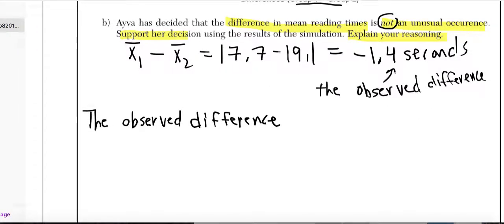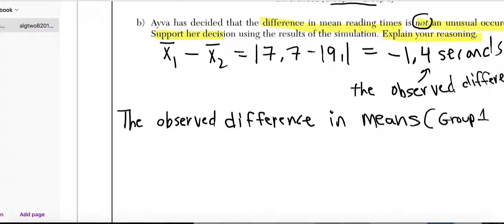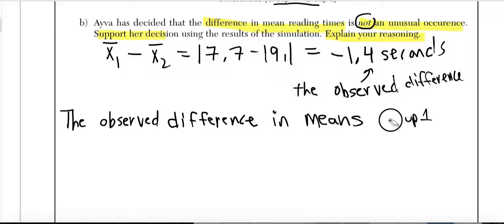So if we say that the observed difference in means is fine, right? Group 1, we don't have to say that. We already showed that it was group 1 minus group 2. So the observed difference in means was negative 1.4 seconds.